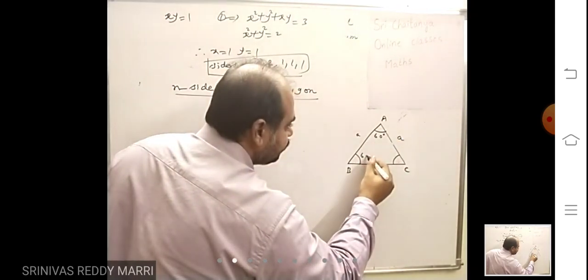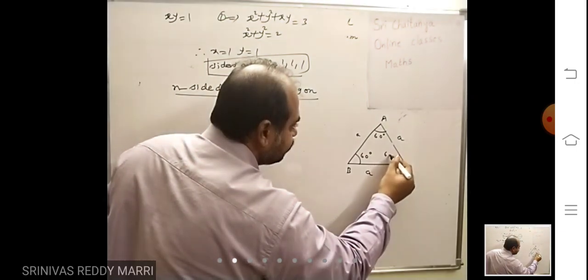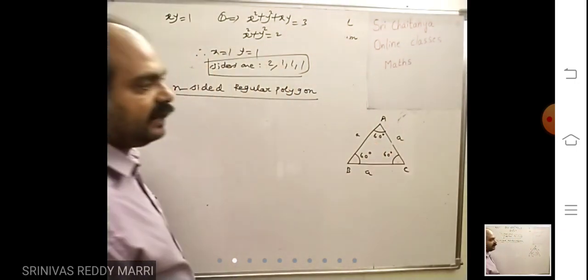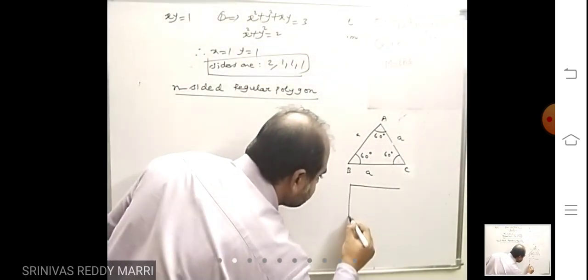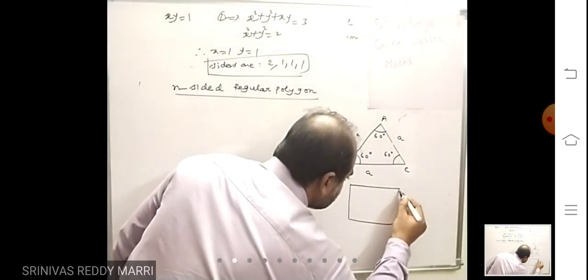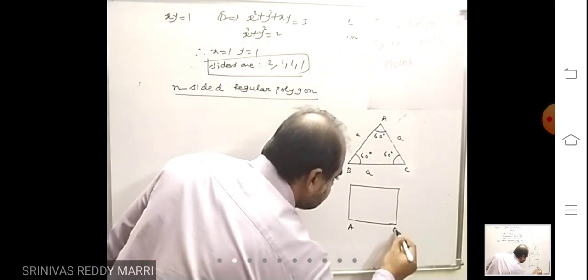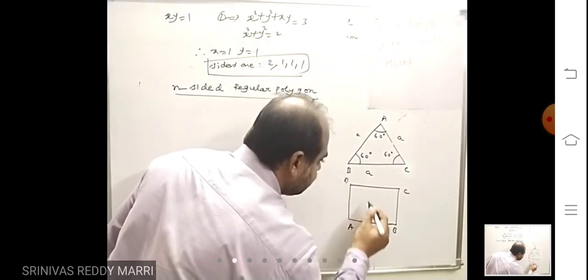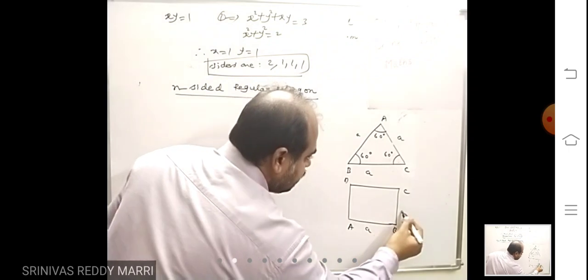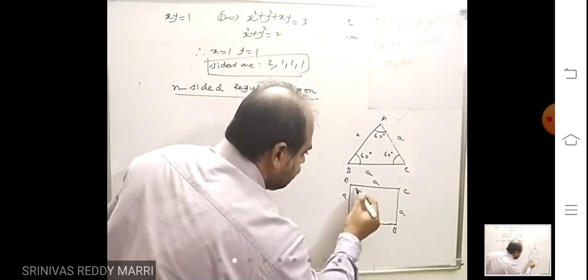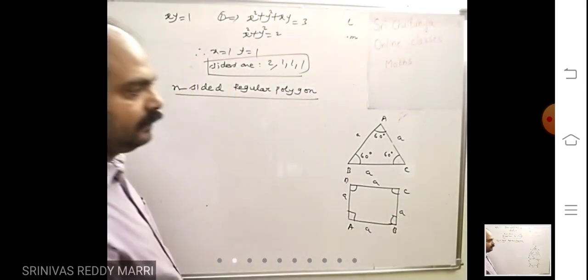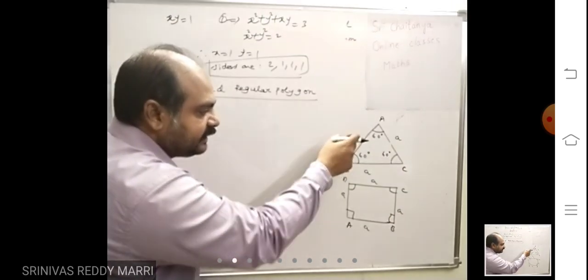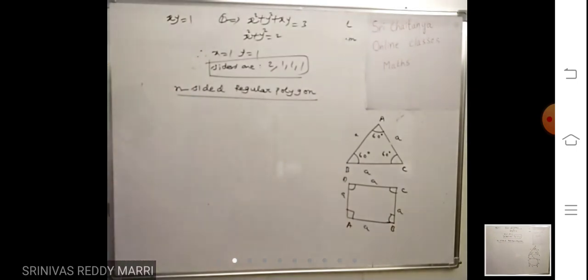Similarly, if you take a square, all the sides and all the angles will be equal. So this is A, and all the angles are 90 degrees. This is a three-sided regular polygon. This is a four-sided regular polygon, a square.